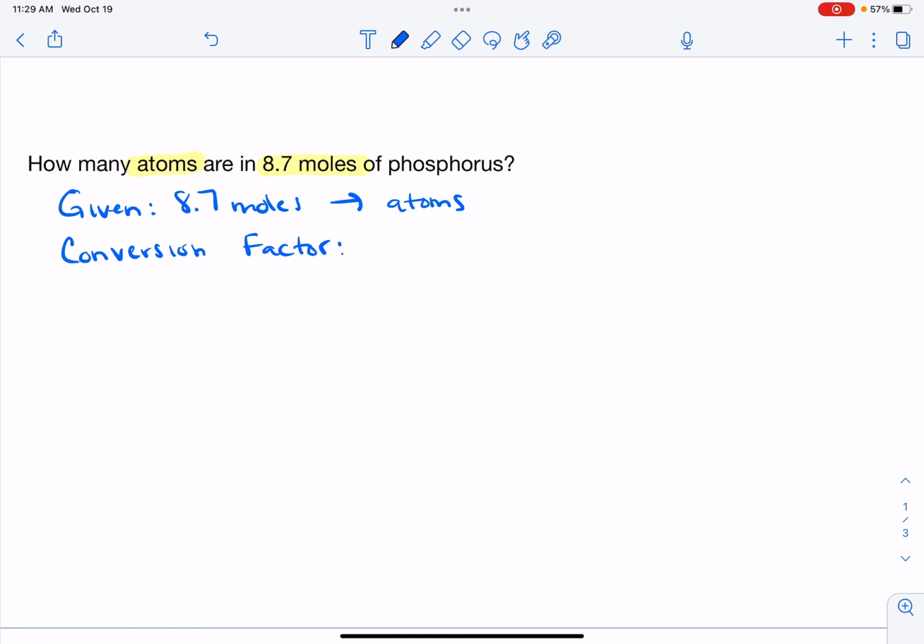In this case, I'm going to use Avogadro's number. That's this 6.02 times 10 to the 23rd. And that's the number of atoms that is equal to 1 mole. And I want you to notice that this is always the same. So it doesn't matter if this is phosphorus, nitrogen, sodium, potassium, anything at all, there's always 6.02 times 10 to the 23rd atoms in 1 mole, always.